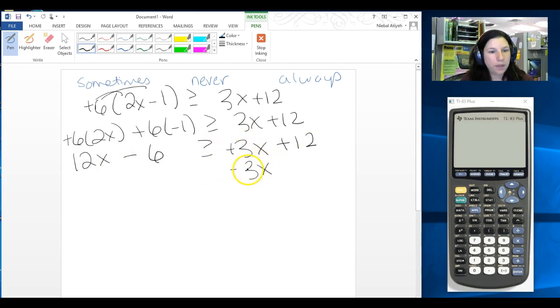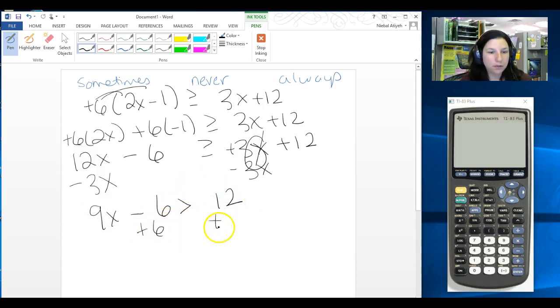This is a positive 3x. I'm going to subtract 3x, which will give me 0 here. If you do it on one side, you need to do it on the other. But in this case, 12x minus 3x gives me 9x. And then I've got 12 and this negative 6, which are like terms. Let's get those together. That's going to be 0 here, and 12 plus 6 is 18.